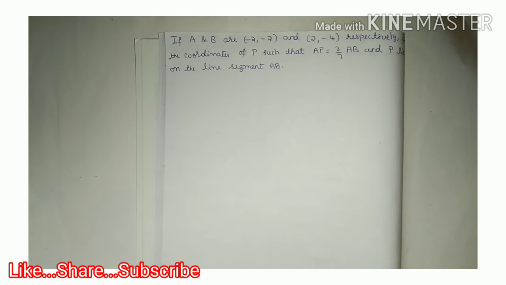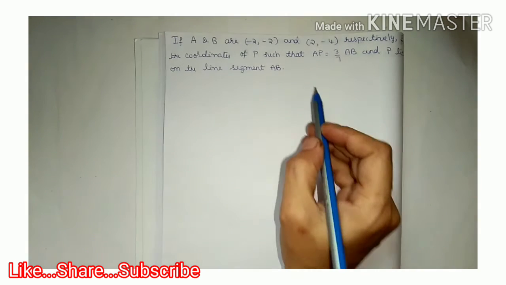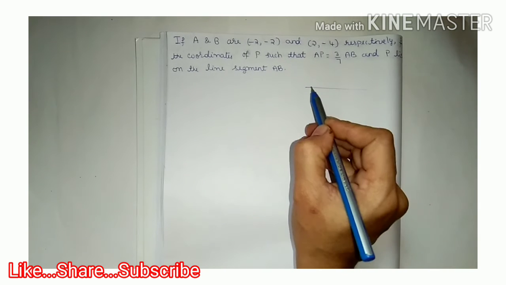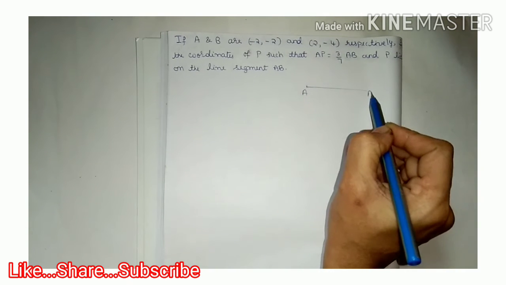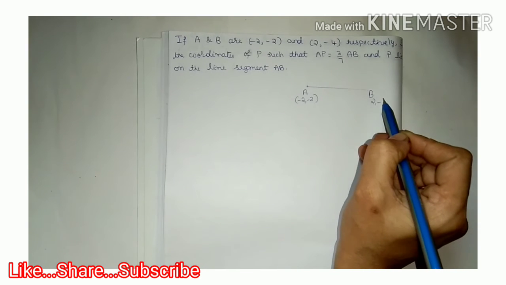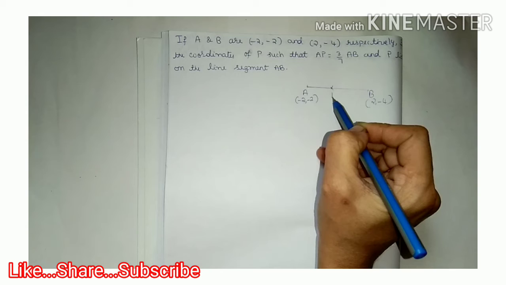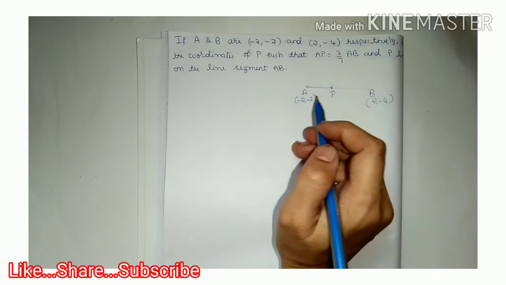If A and B are (-2, -2) and (2, -4) respectively, find the coordinates of P such that AP is equal to 3/7 AB and P lies on the line segment AB. Here AB is a line segment with A(-2, -2) and B(2, -4), and P lies on the line segment AB.